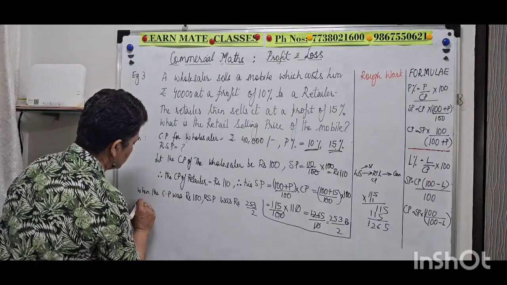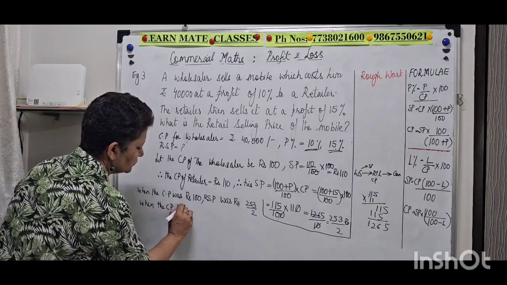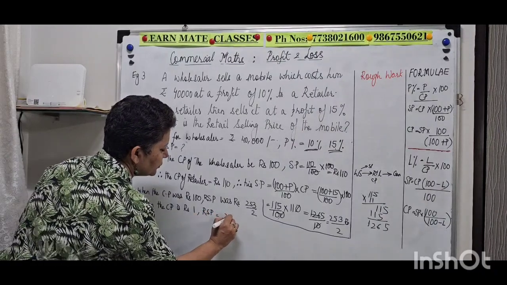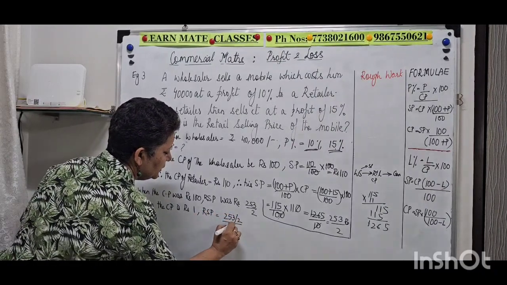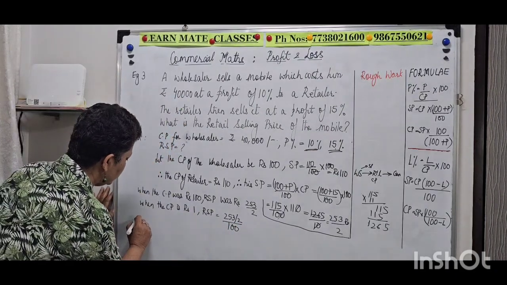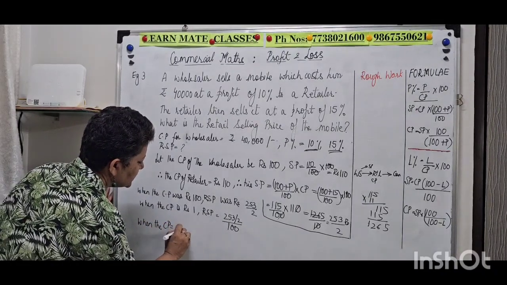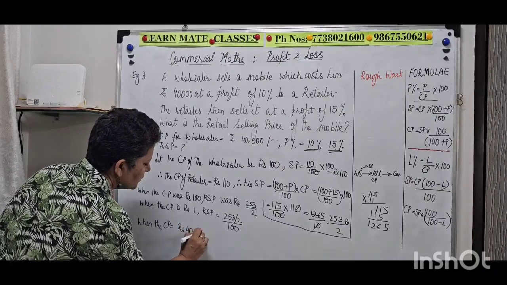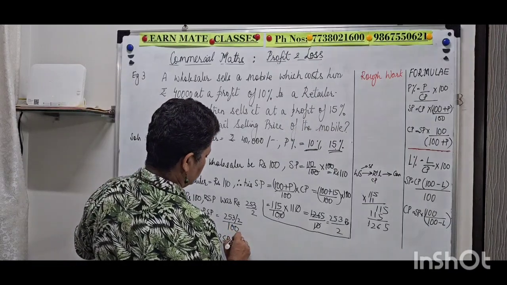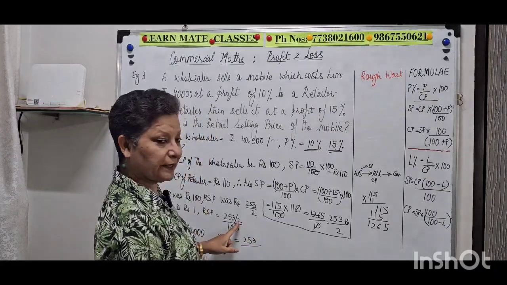So when the CP is 1, the RSP then will be 253 upon 100, and when the CP is rupees 40,000, the RSP then would be 253. And what do I do with this 2 which is creating a commotion here?